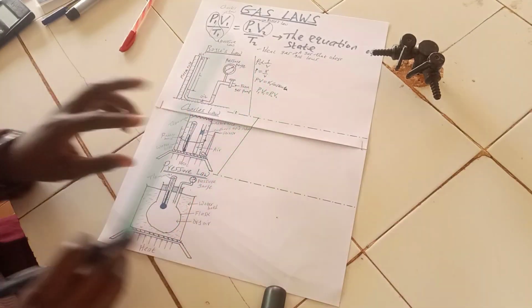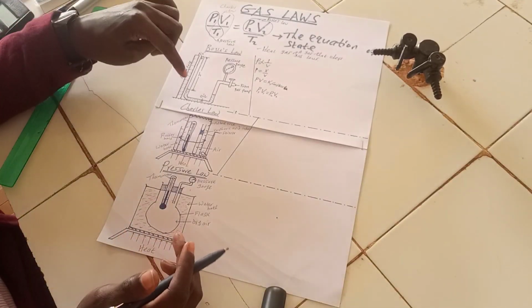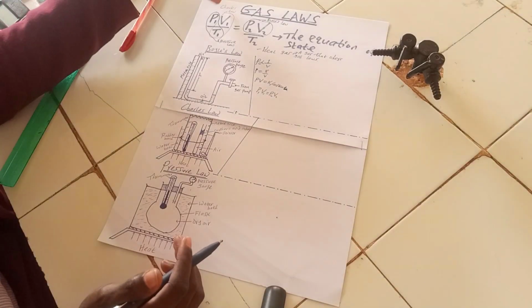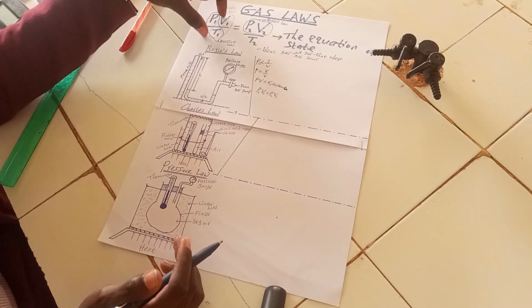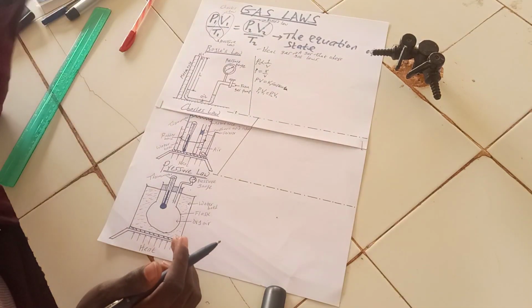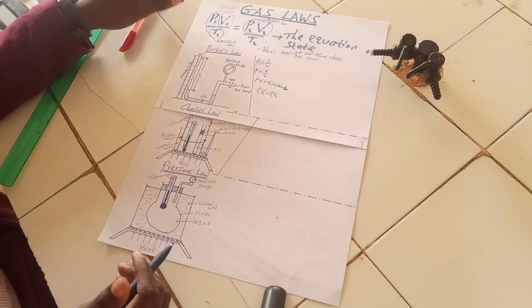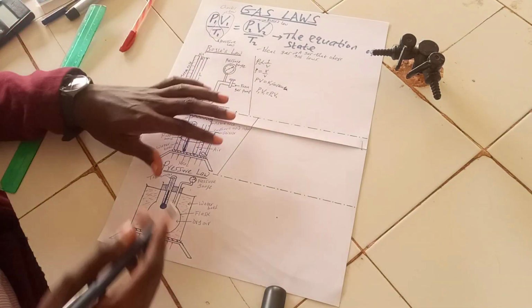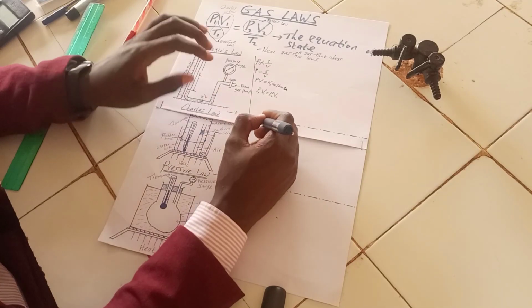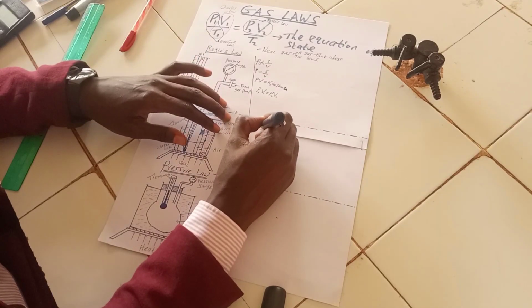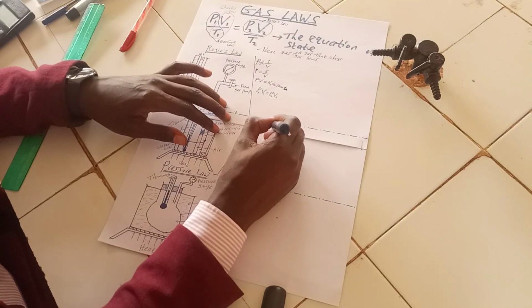Formula for Charles. So let's say we have a balloon full of air. And then for Charles, we are relating volume and temperature. If you increase the temperature of that air, or if you heat that balloon, the volume will increase. That means volume is directly proportional to temperature.